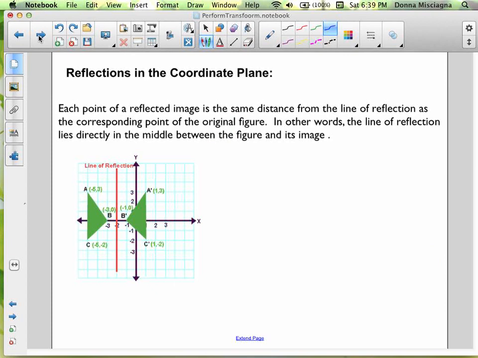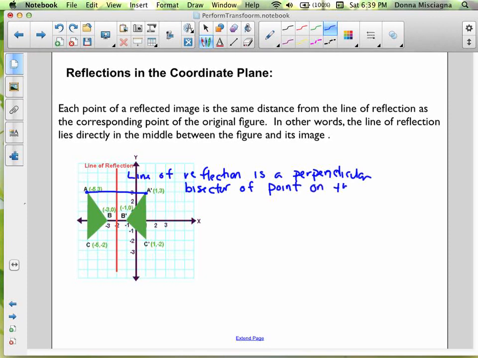Remember that our line of reflection, and you don't have to write this down because it's in your notes, unless you want to, is a perpendicular bisector of the point on the pre-image.